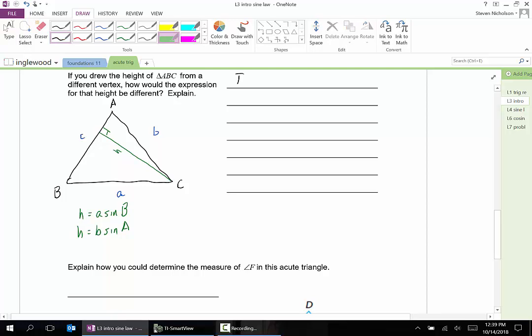In the previous example, we drew the height from A, and did not have a little a or big A in our equation.